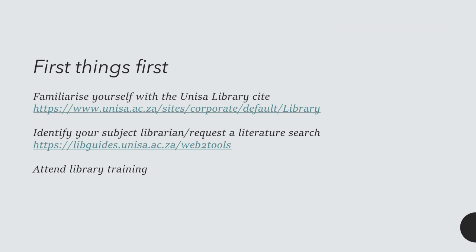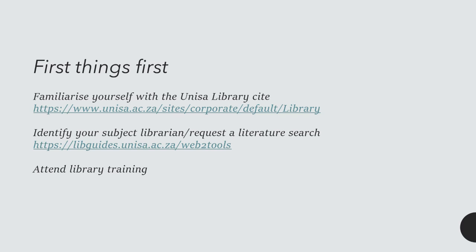All right, then what I'd like to do now is just to mention first things first. Right in the beginning, I spoke about how you need to familiarize yourself with the UNISA library site. Sometimes if you are very early in your study and you haven't played around on the library sites, you might find it difficult to navigate. So I've given you the links so that you can get right to where you need to be.